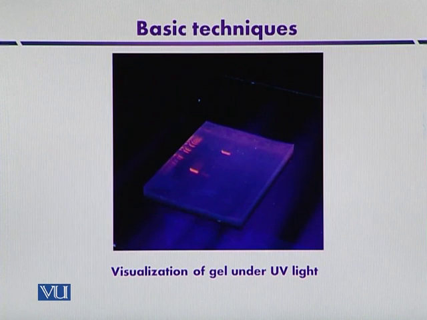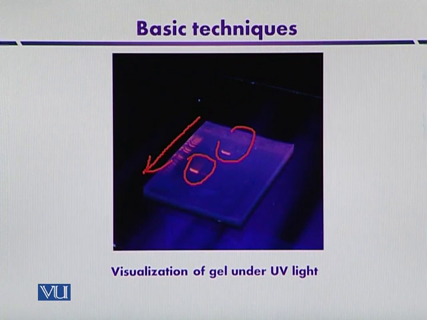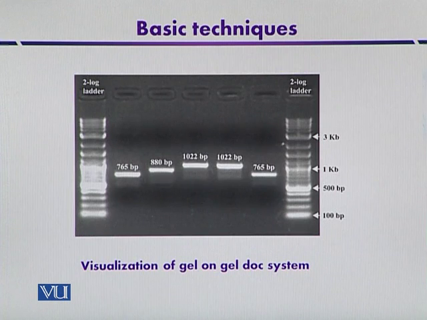So here is the column of ladder, that is the marker that is run parallel with our DNA samples. And these are the DNA samples that are visible as orange colored bands after exposure to UV light.